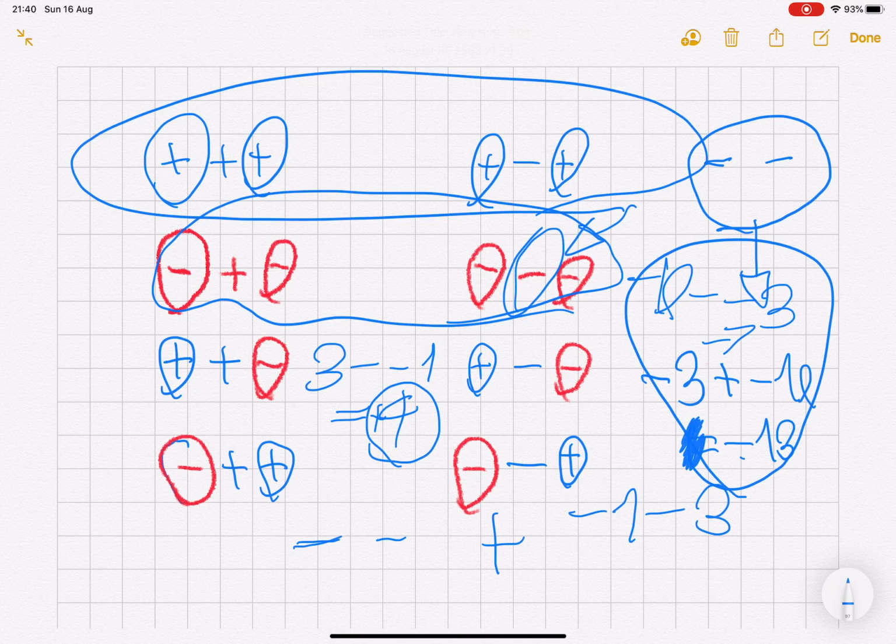This might be confusing at first, but remember this carefully. We are not minusing a negative anymore. We're minusing a positive right here, 3.